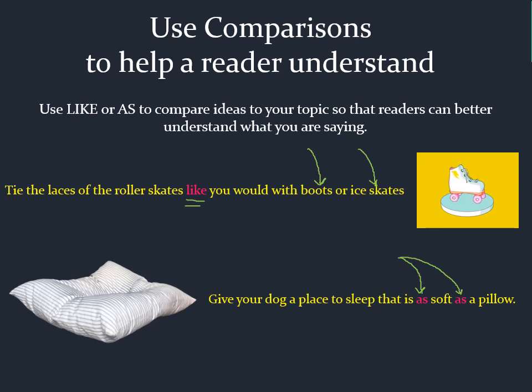If you only said, give your dog a place to sleep that is soft, well, okay, I mean, I can kind of imagine it, but this makes it even easier to understand, as soft as a pillow. So again, we're using like and we're using as.